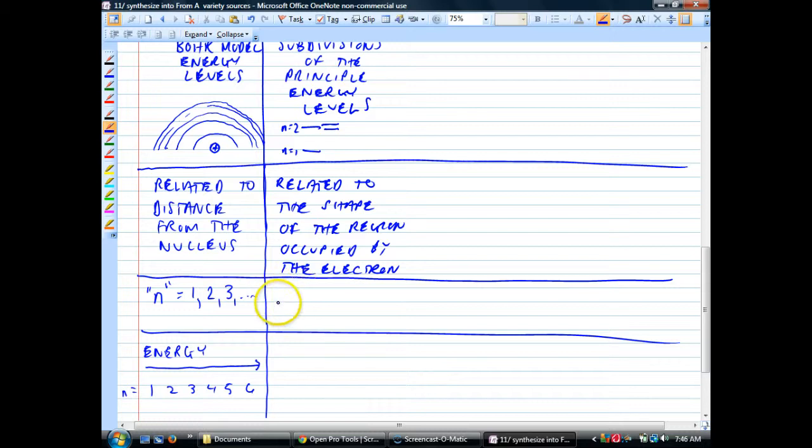Their symbols are like this: S, P, D, F, etc.